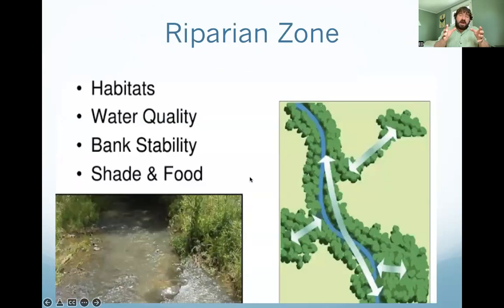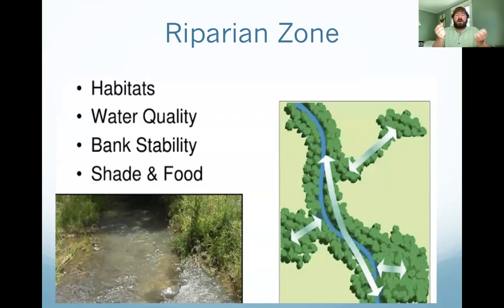Another critical aspect of physical habitat in the stream is what's happening around the stream. So not just everything in the landscape, but that area right next to the stream is called the riparian zone. And that has important implications for what we'll see in the stream. If you have a lot of vegetation there, it's going to provide some filtration that will impact the water quality.